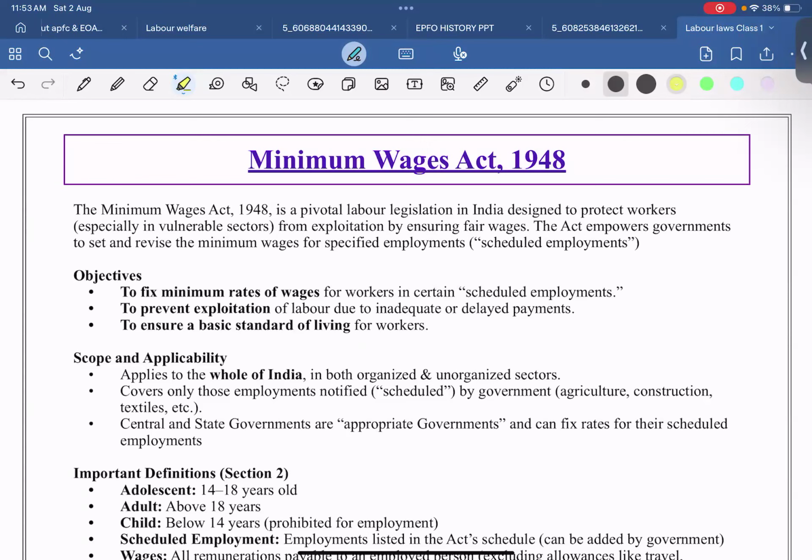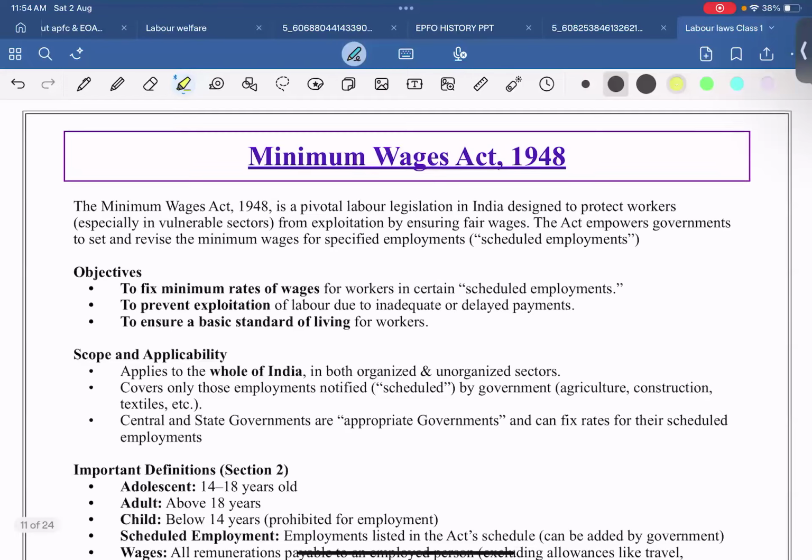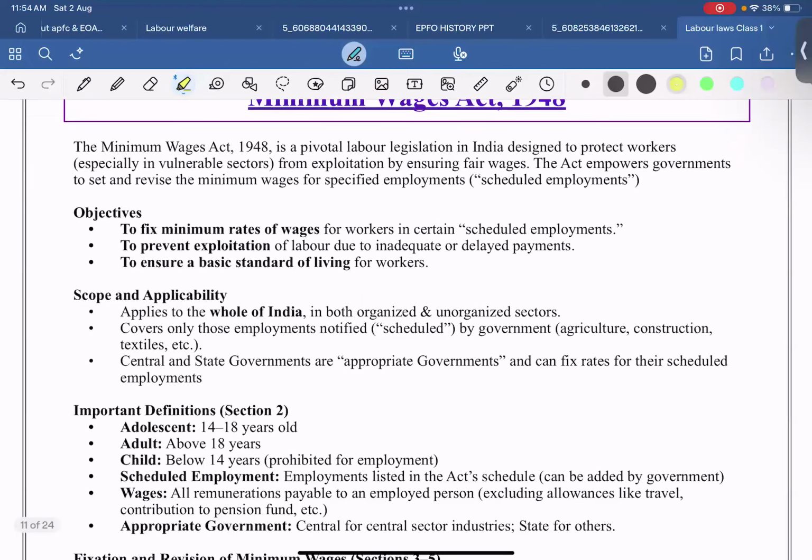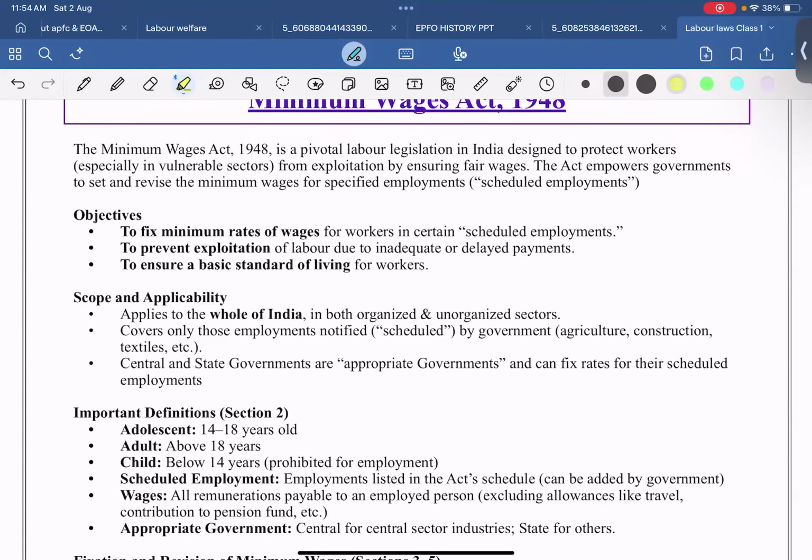Okay. So now comes the Minimum Wages Act 1948. The Minimum Wages Act 1948 is a vital labor legislation in India designed to protect workers, especially in vulnerable sectors, from exploitation by ensuring fair wages. The act empowers the government to set and revise the minimum wages for specified, scheduled employment.